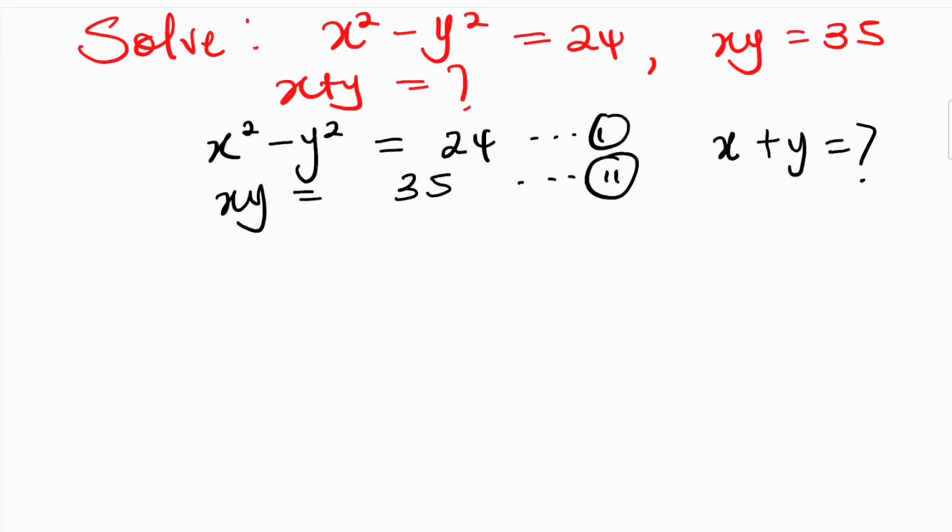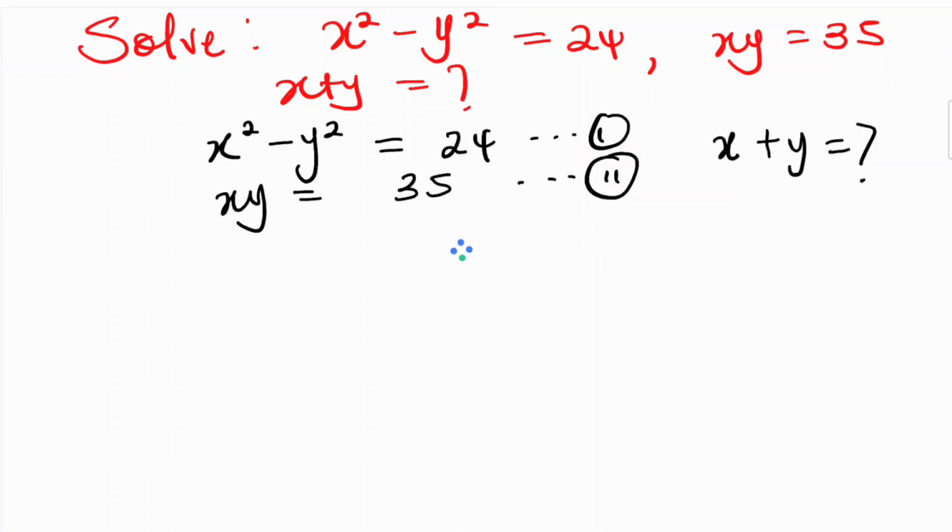So first, if you look at equation 1, it is an identity called the difference of two squares, and we can expand it.